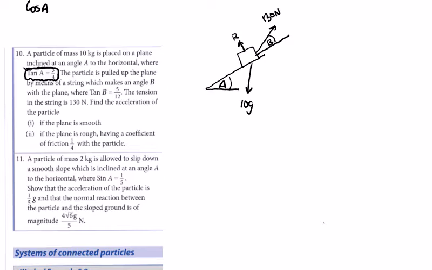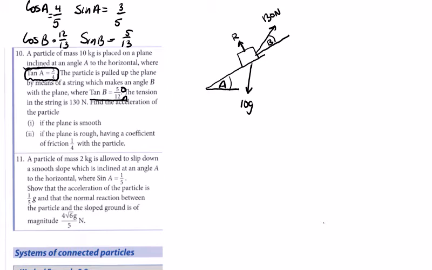So we have O over A, so cos A is going to be A over H, and sine A is going to be O over H. We also have cos B and sine B. Tan B is 5/12, so the O part is your sine, so 5/13, and the A part is your cos, 12/13. Okay, so we have our angles.